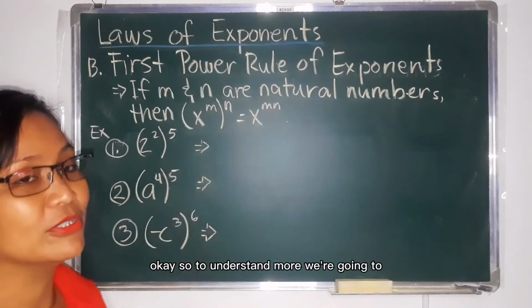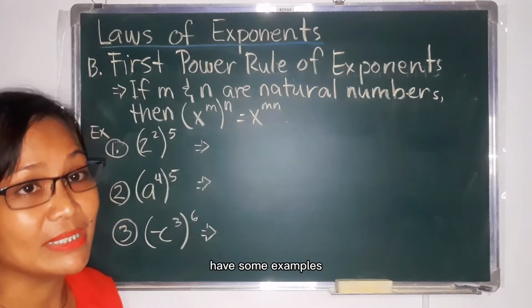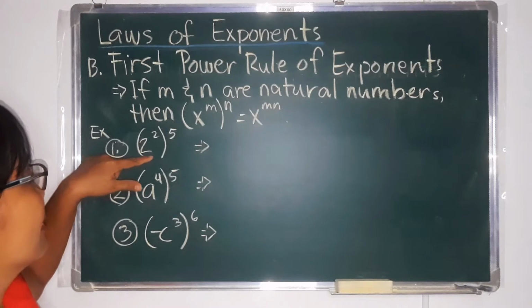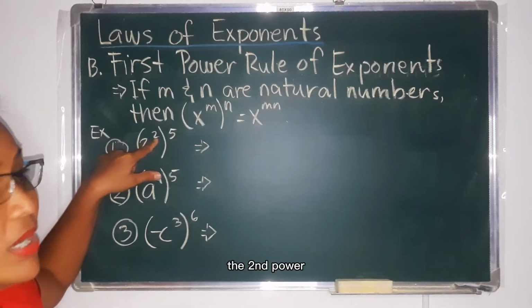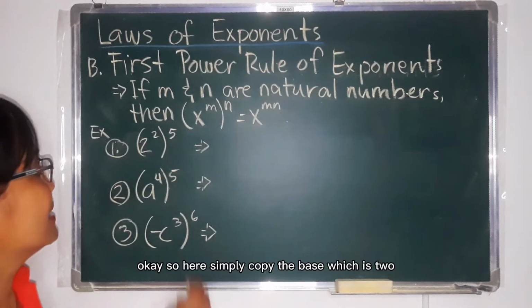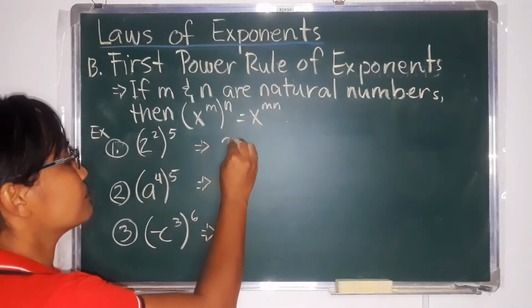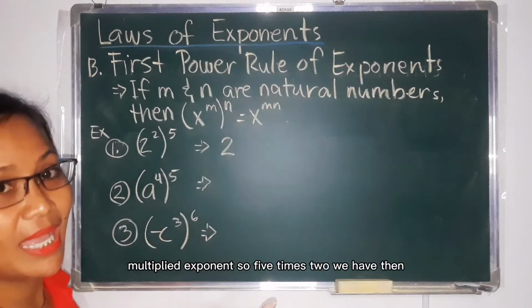Okay? So, to understand more, we're going to have some examples. Example number 1, we have here 2 raised to the second power to the power of 5. In here, simply copy the base, which is 2, and then multiply the exponent.